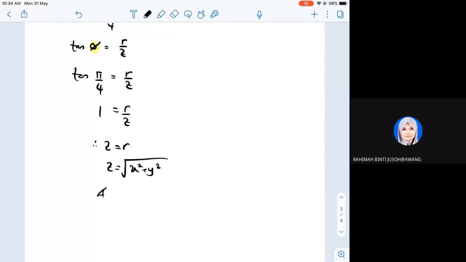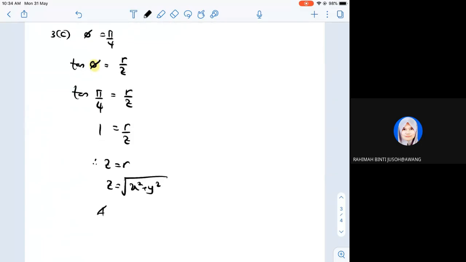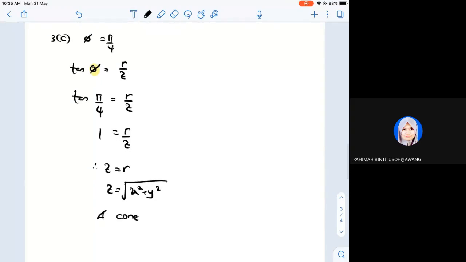Chapter 1, remember. Come on guys, come on. The exam is in 2 weeks. This is a cone. Remember properly.